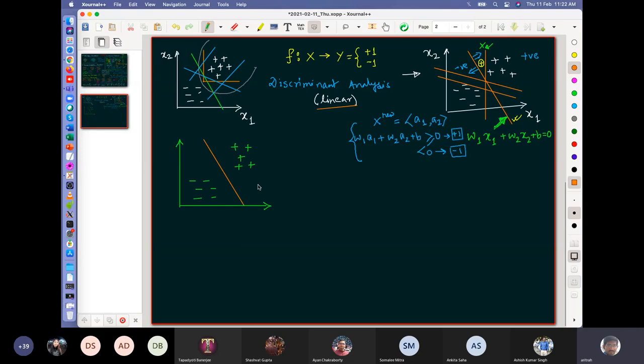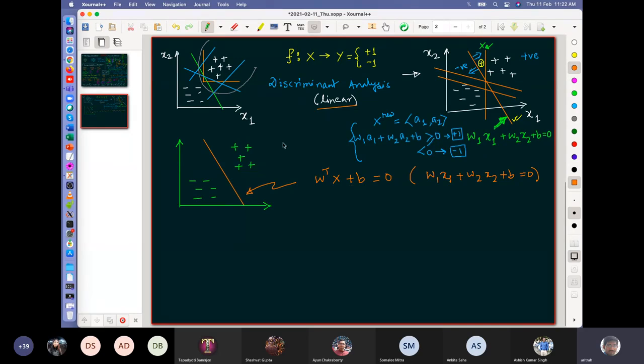For that, the discriminator line that we have drawn here is basically of the form W^T x plus b equals 0, or you may also say W1x1 plus W2x2 in the 2D plane plus b equals 0. This is the form.